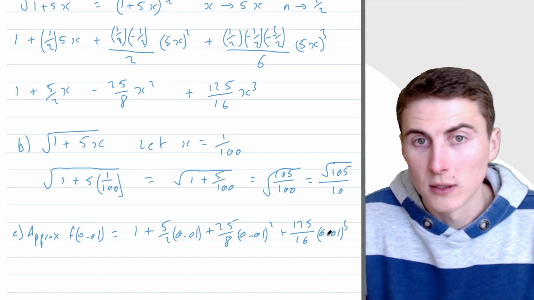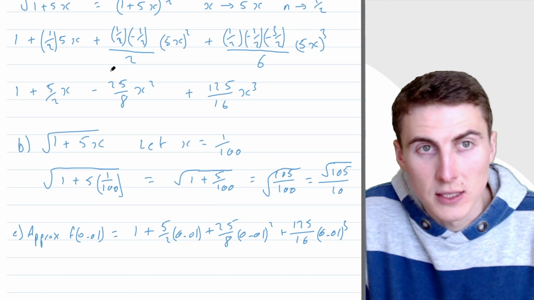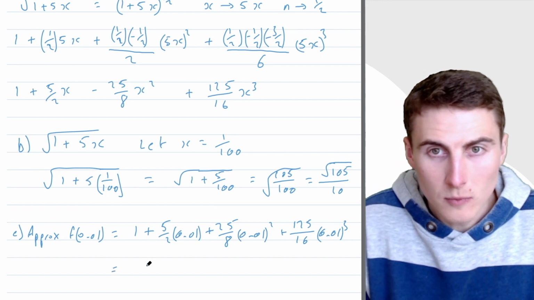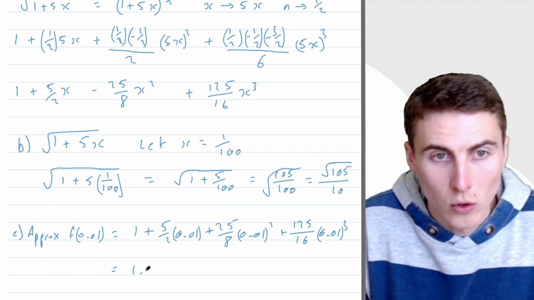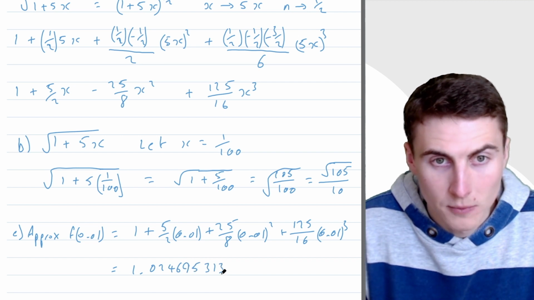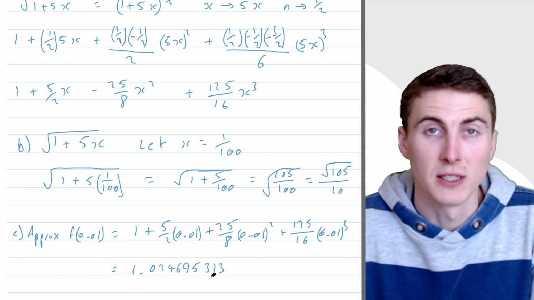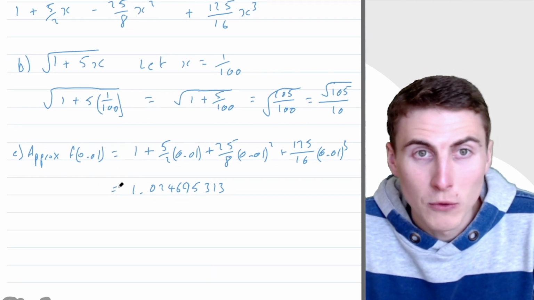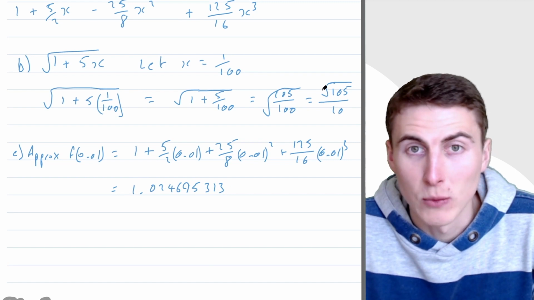So all I've done here is plug 0.01 into these x's, and then we pop all that in the calculator, and that should give us 1.024695313. That's all the places that my calculator gives me. So we've got the approximate one, and we have the actual one up here.